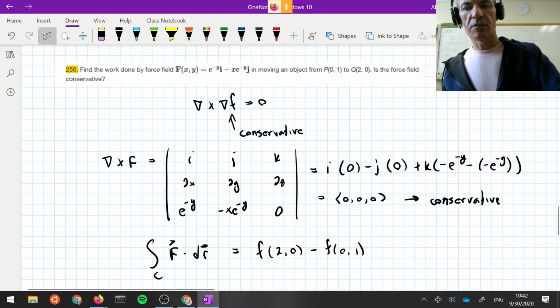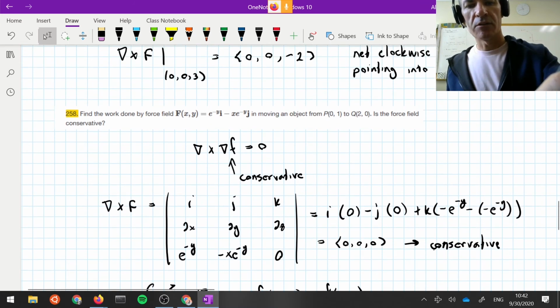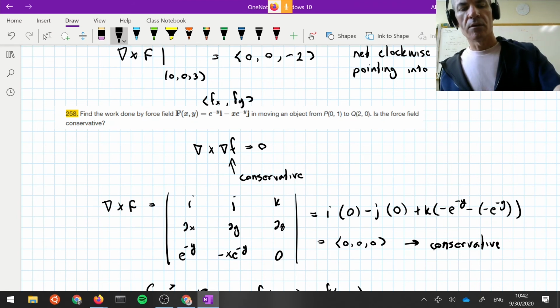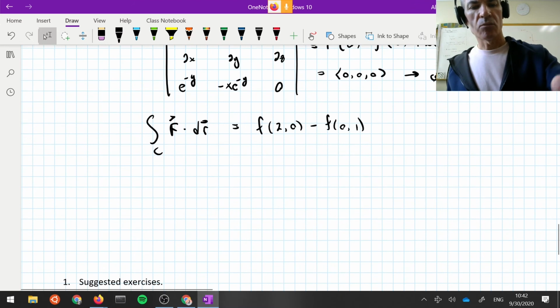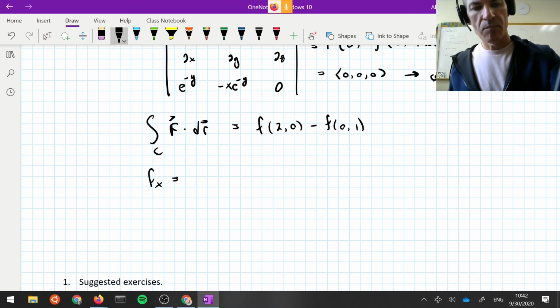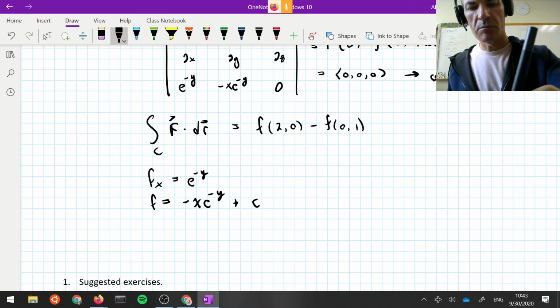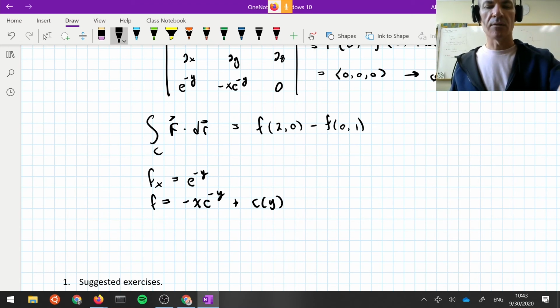So we know that it's conservative. That means that F is secretly f sub x, f sub y. So f sub x is e to the minus y. That means that f must be of the form minus x e to the minus y plus some undetermined constant that might depend on y.